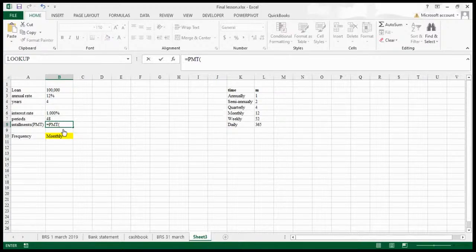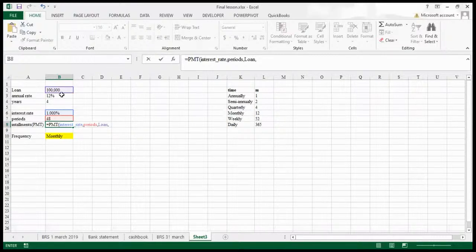Our rate is the interest rate here, not the annual rate, comma. Number of periods is the periods there, comma. Present value is the loan that you took, comma.